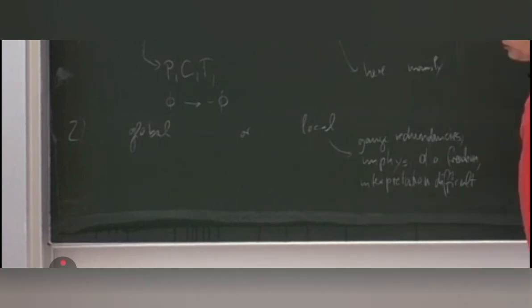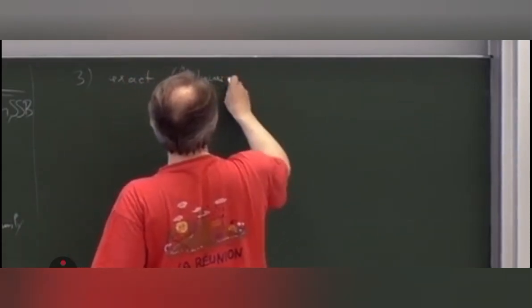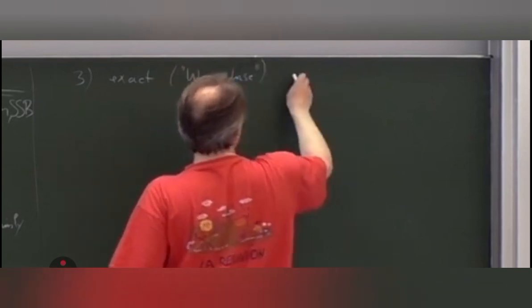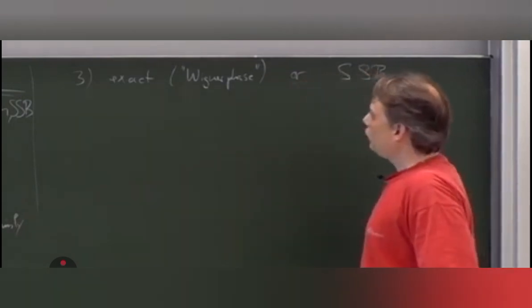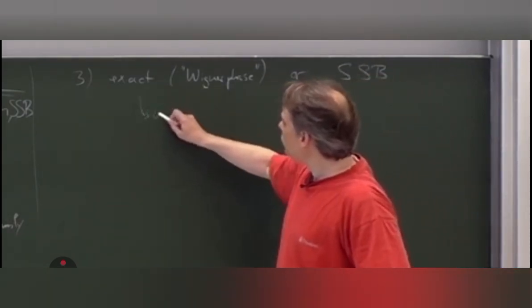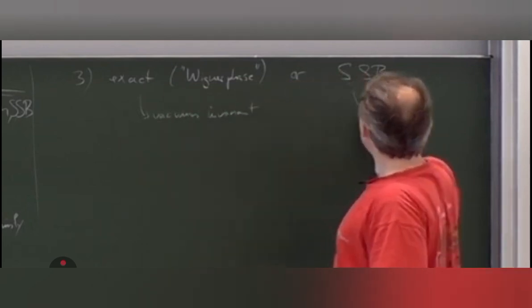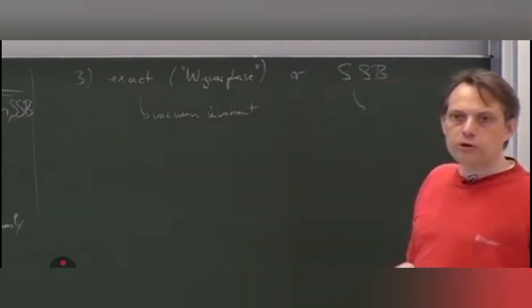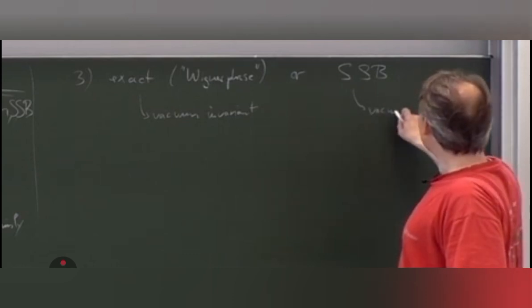Then the third distinction that you can do is whether the symmetry is exactly realized, the so-called Wigner phase, or spontaneously broken. In the first case the vacuum is invariant. Spontaneous symmetry breaking means that really the symmetry is not broken at all, but the vacuum state is not invariant under a symmetry transformation.